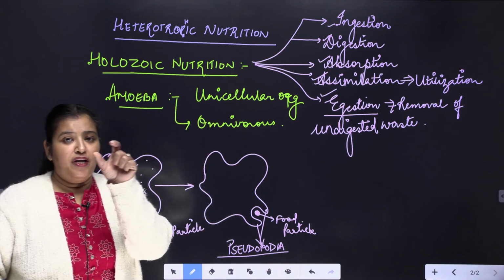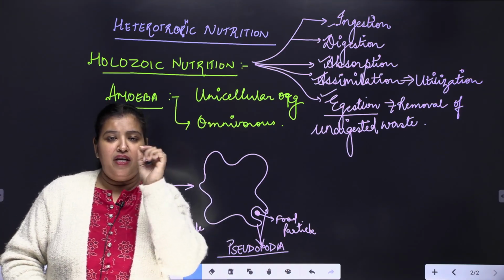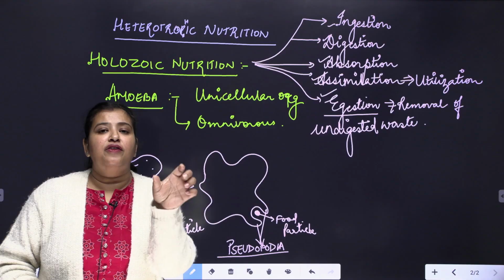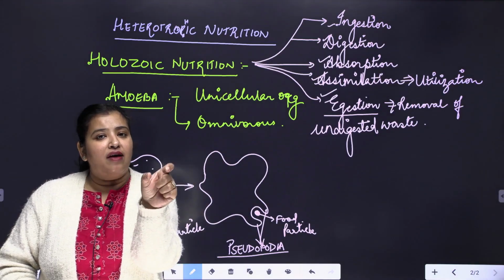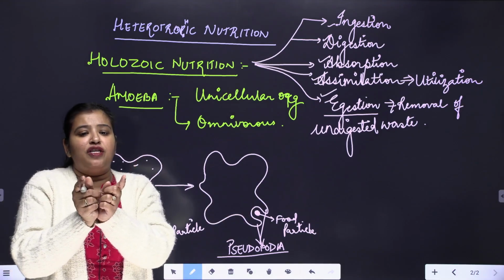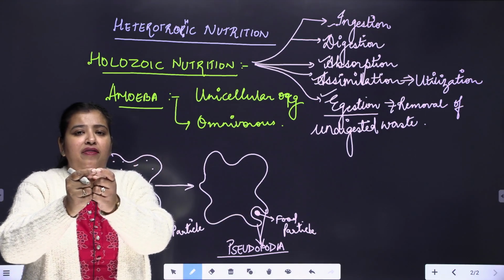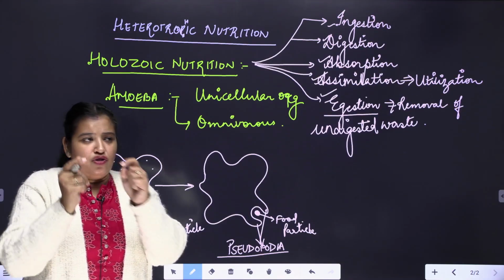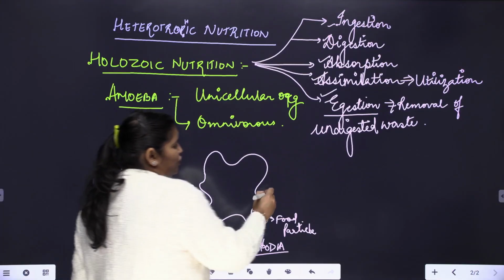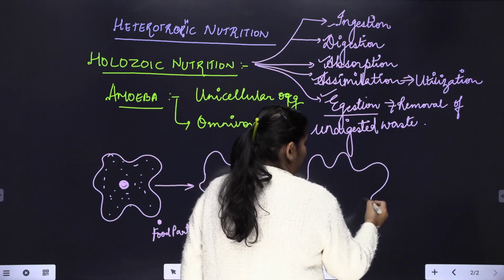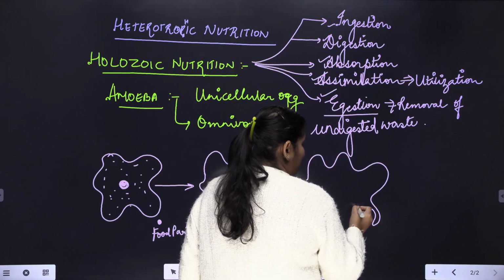So the finger-like projections are given out by the amoeba, and these finger-like projections are given in the direction of food so that the food gets surrounded. Slowly what happens, these finger-like projections increase their length and then they curve around the food, and the two ends of the finger join together. So this is how the step of ingestion completes.